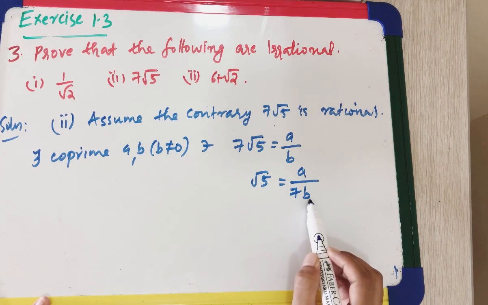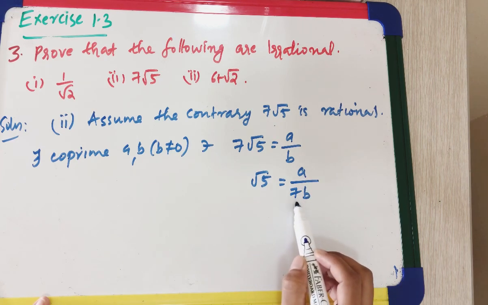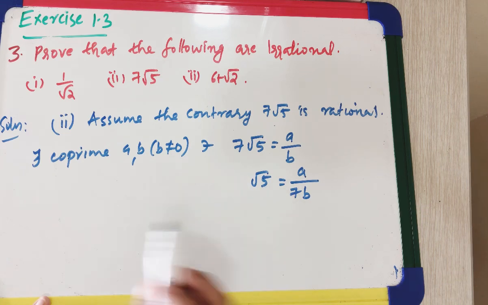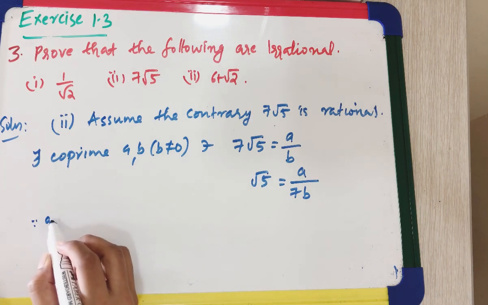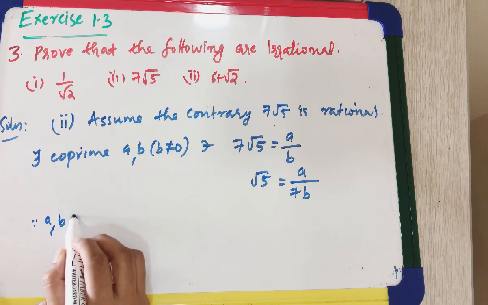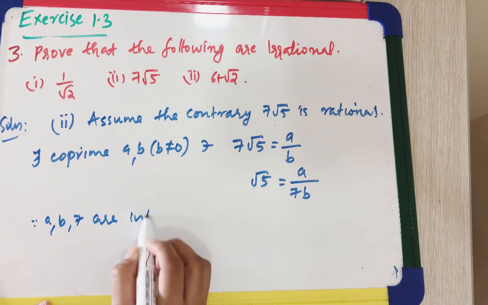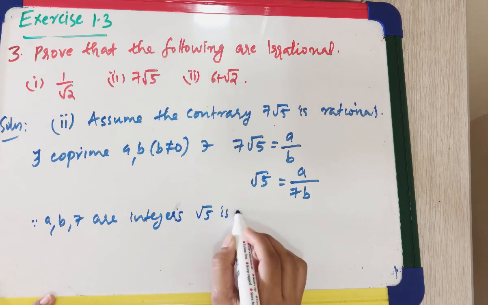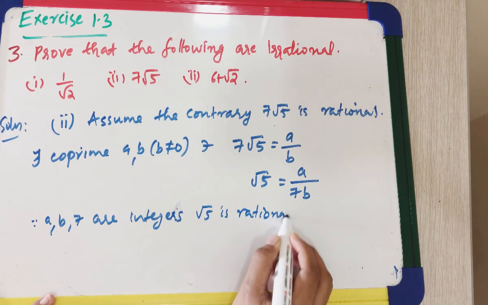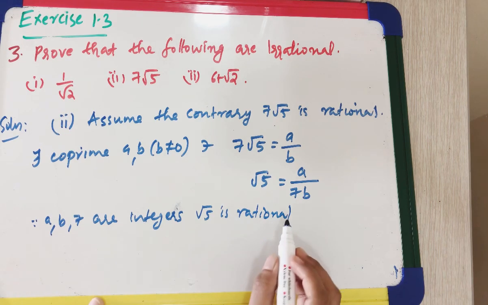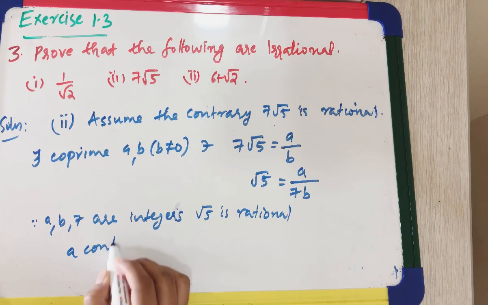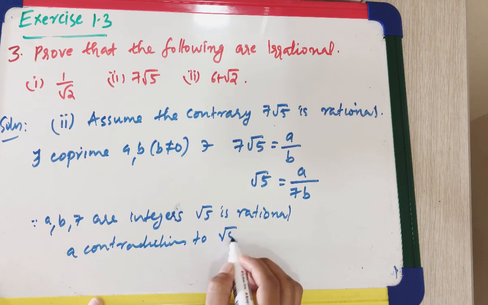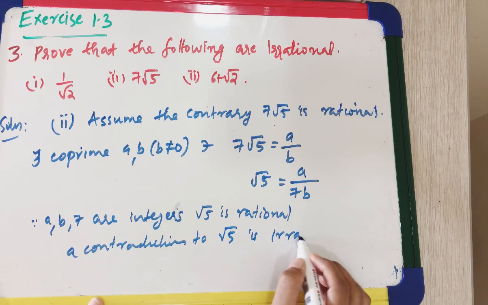Now A, 7, B are integers, therefore A by 7B is rational, that is root 5 is rational, which is a contradiction to the fact that root 5 is irrational.